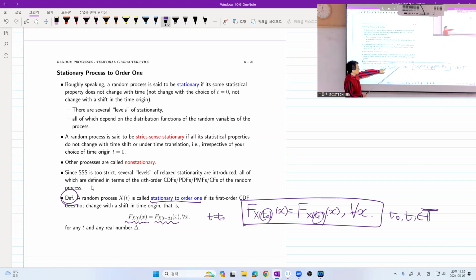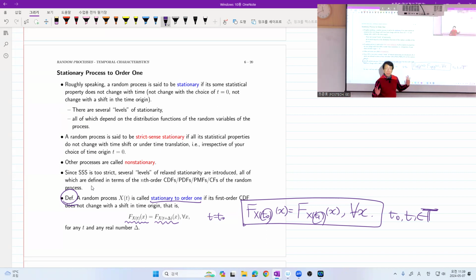But here, you choose 1 time instant, but you take an offset, capital delta, and say that your CDF at time t and your CDF at time t plus any offset delta are the same. And you may say that it's the same, right? Let me say t equals t1 and t plus delta equals t2. Then they are the same.